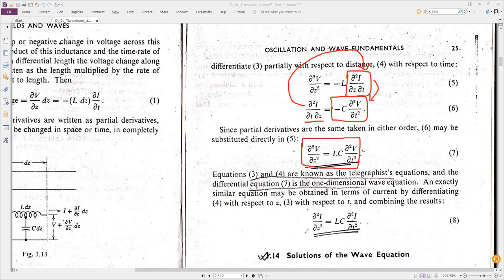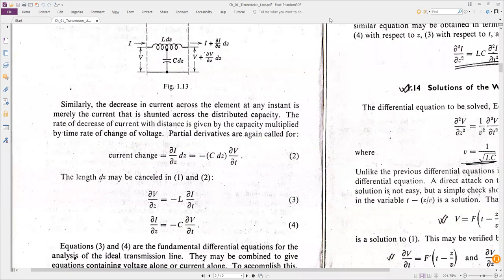Similarly, we can get the I. For I, what we have to do is differentiate the first one, equation number 3, with respect to time, and equation number 4 with respect to distance. Let me show you that one, because that is not given here.